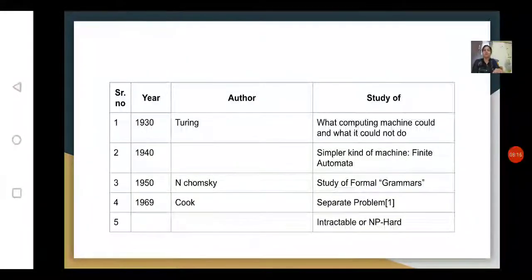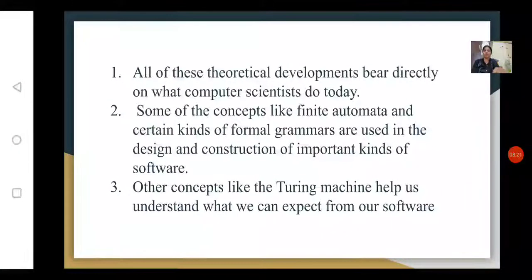So why study automata theory? All these theoretical developments, done year by year, have directly impacted what computer scientists develop today.